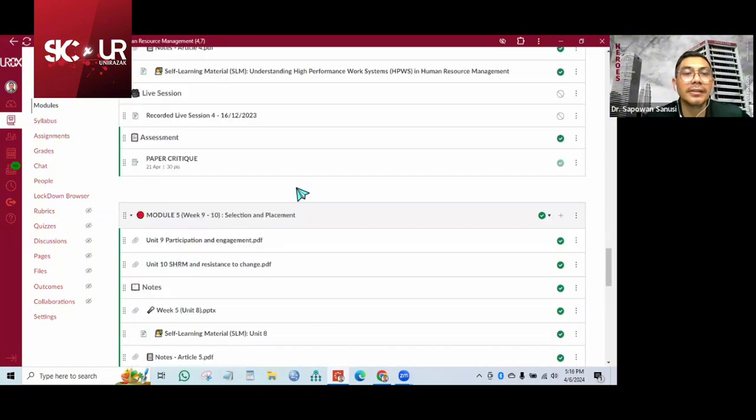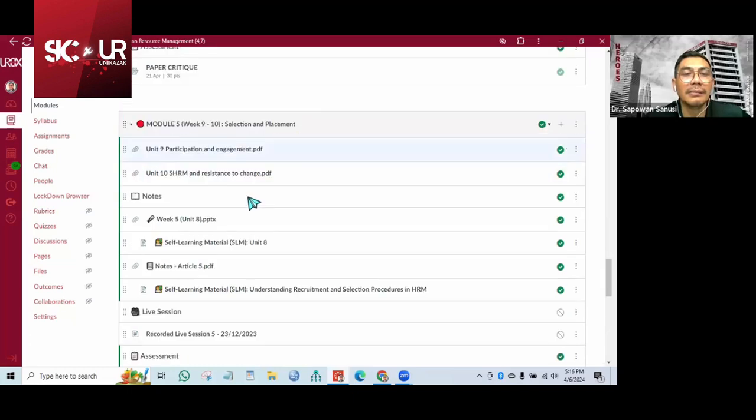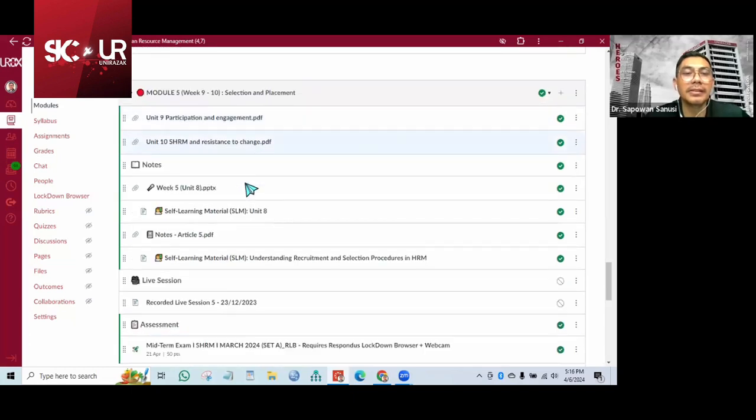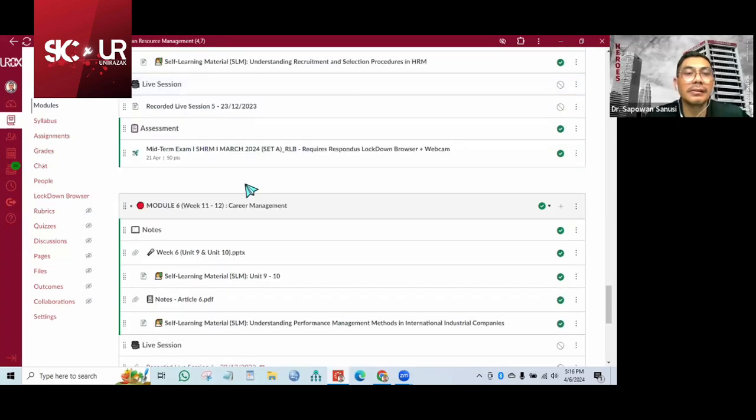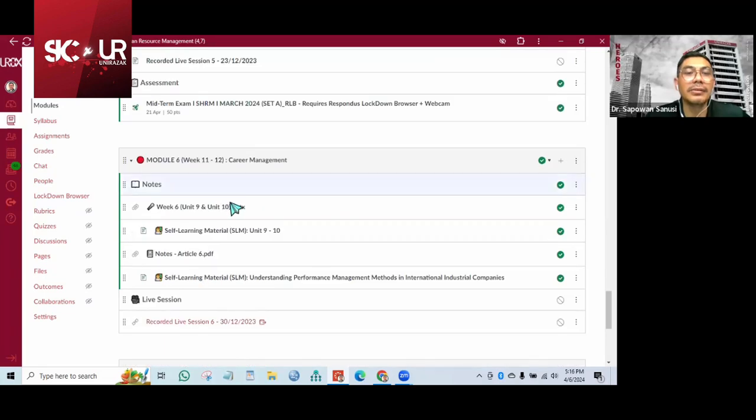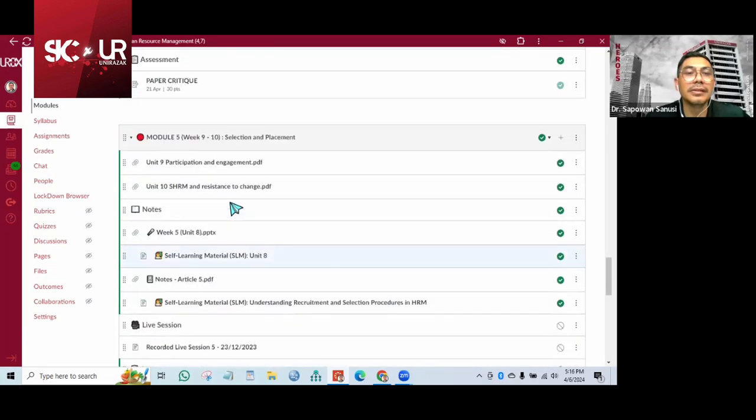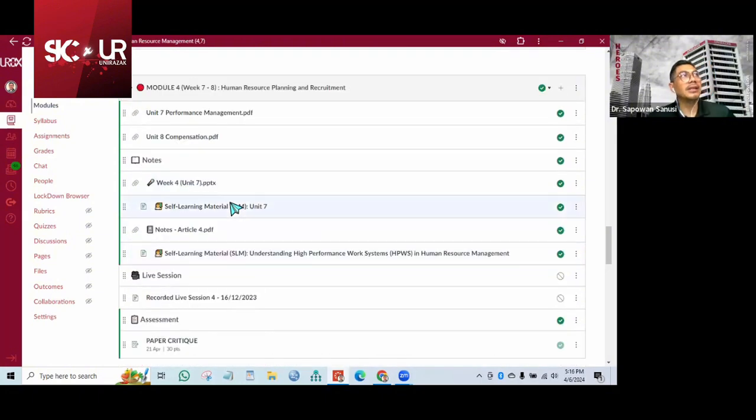Compensation, participation, HRM ni kita sambung nanti. Week 6 tak ada lain. Week 6 dah habis. So ni dah week 5 kan, kita ada satu lagi ya. Okay, kita ada satu lagi, kita habiskan lah yang mana. Ada extra class, nanti saya inform dekat dia.